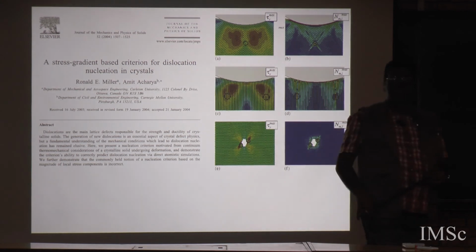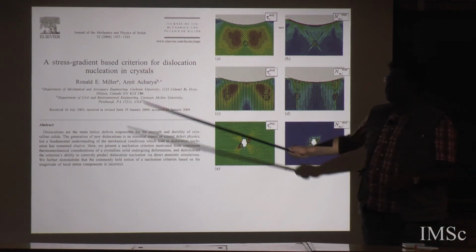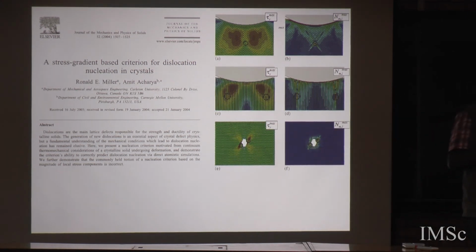which causes nucleation of dislocations. So it is not the homogeneous stress at a point, but if you have a very large stress gradient, then dislocations form at such locations. That would be the case for the indentation, but in the case of, let's say, uniform shear, there is no stress gradient, then this criterion probably can't be used.